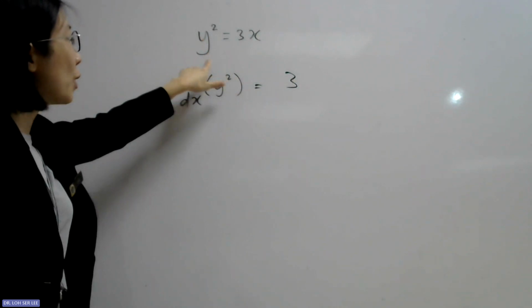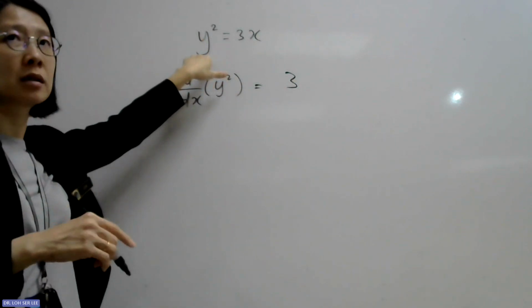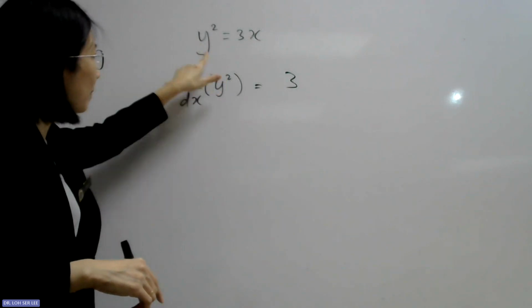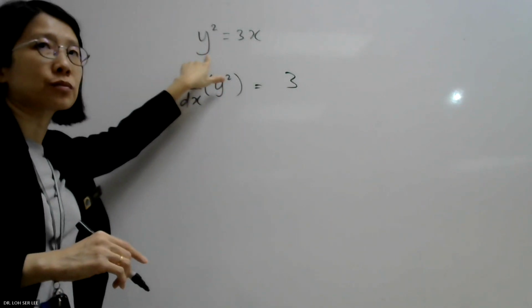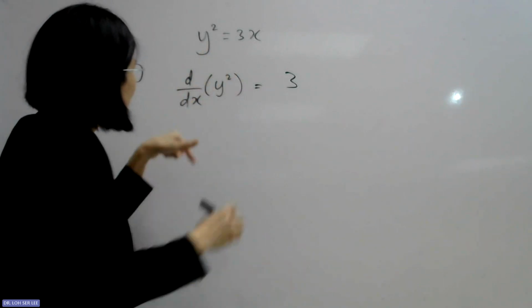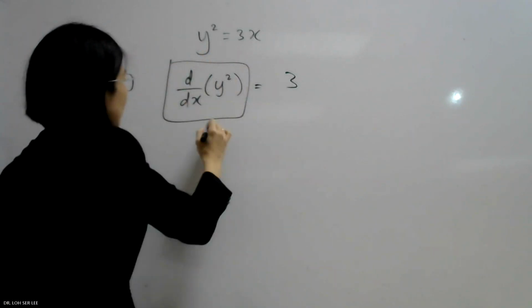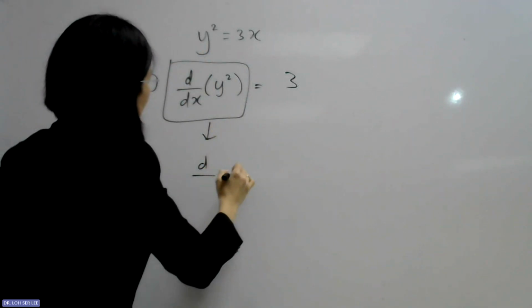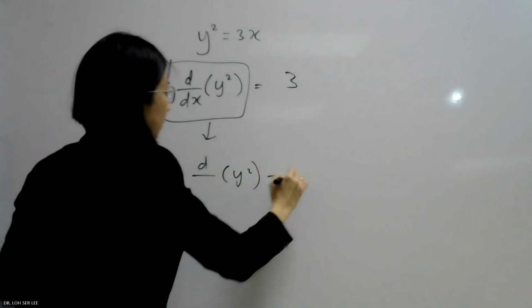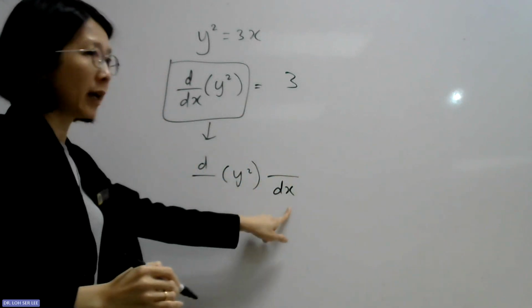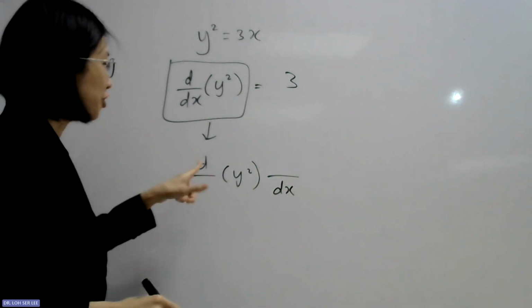But this one, we want to differentiate with respect to x, we can't proceed directly because this is y, this is not x. So from here, d over dx, we use the chain rule.